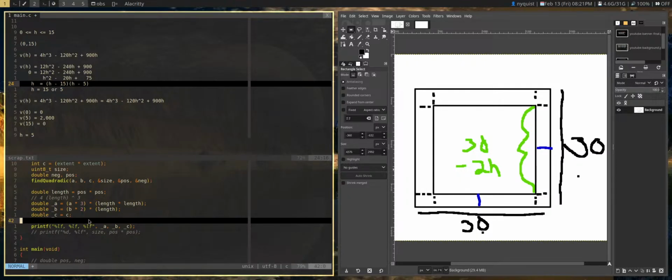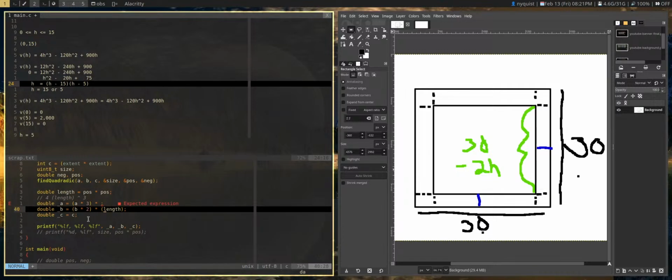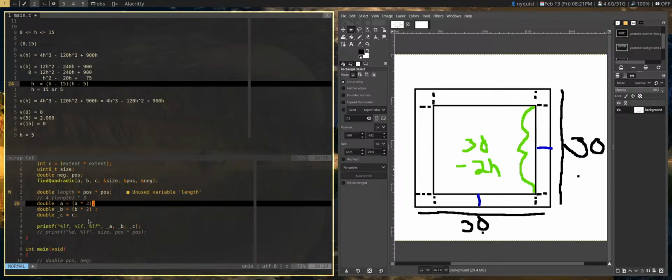Let's not multiply it by length yet. Let's just see what happens, what values we get here.